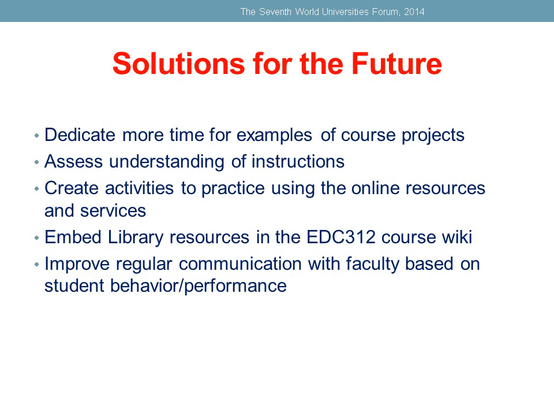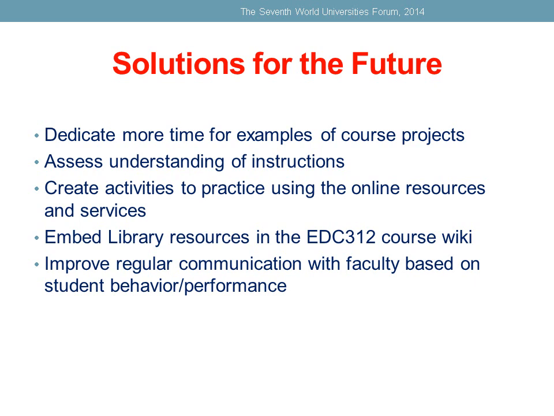We also identified solutions that would address these problems in the future. The librarian will offer more examples of completed projects in order to help students understand what they are expected to work on, and engage students in discussions in order to assess their understanding of instructions.